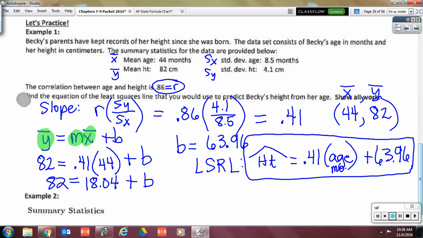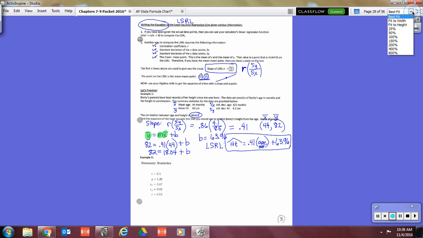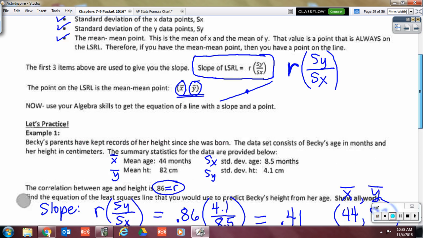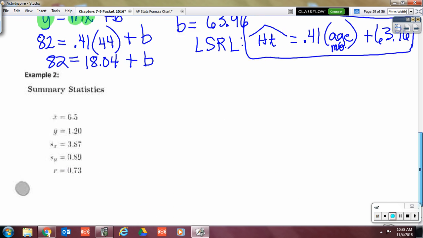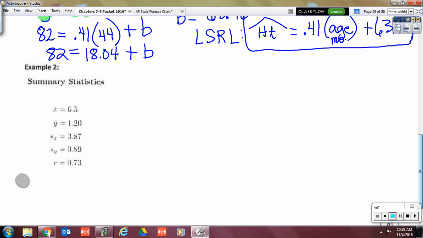Well, if you take a look at the next one, I think it's just some computation. It's not even context. So let me give you a few moments to try this one on your own, and then I'll flash up the answer here and let you check that. So try that now.